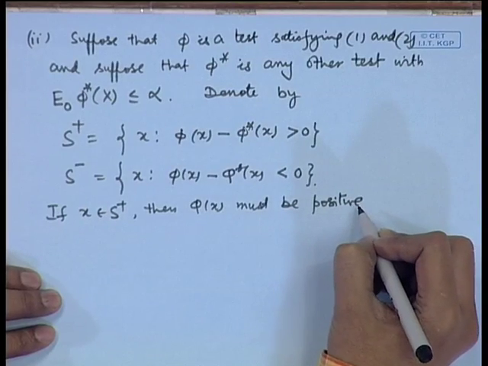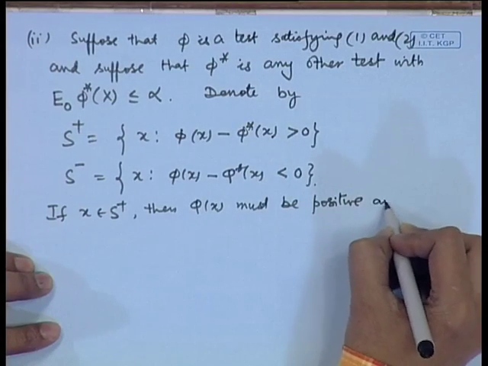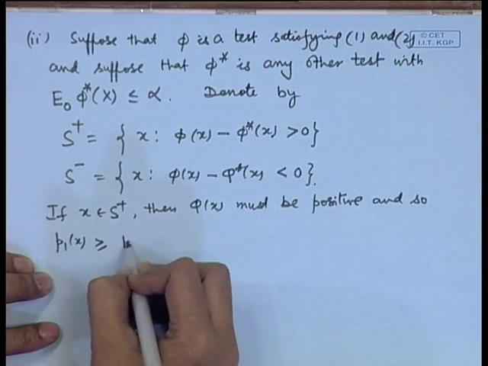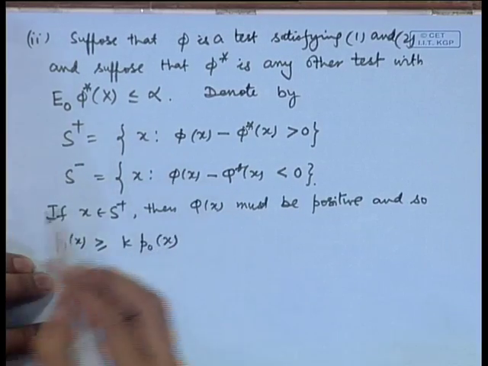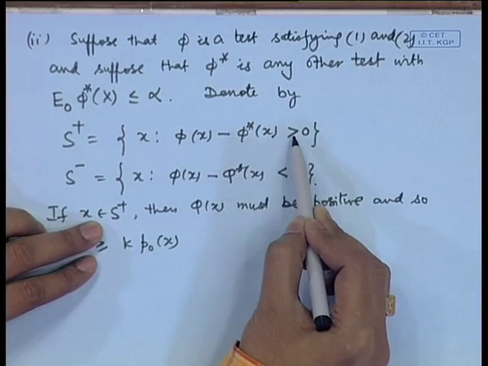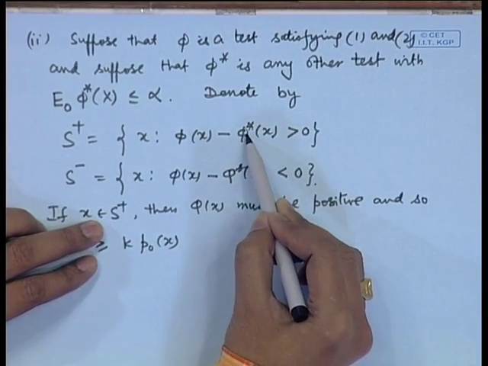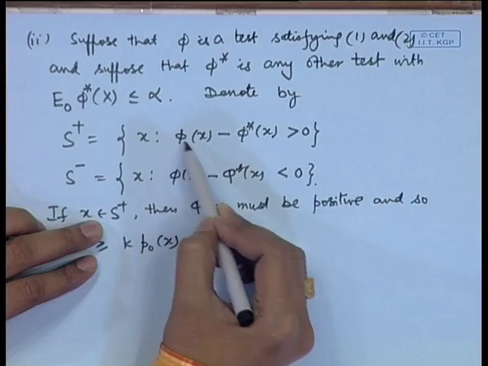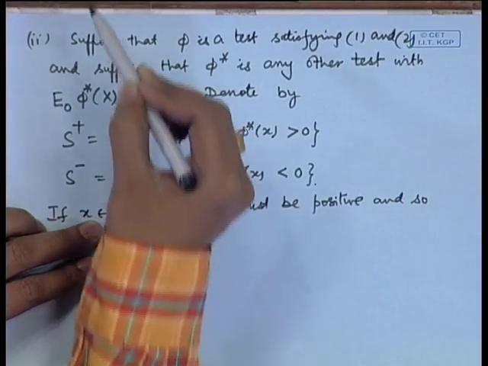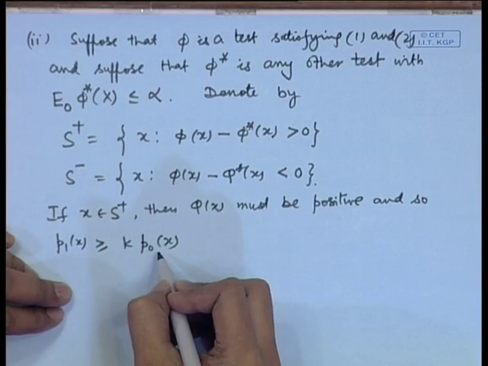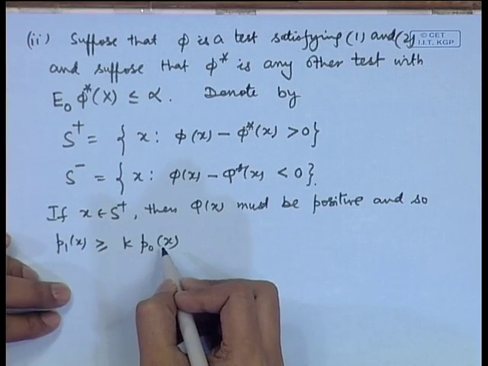So, we will have p 1 x greater than or equal to k p naught x. Let me repeat this argument. If x belongs to S plus, then phi x is strictly greater than phi star x. Now, phi star x is a non-negative function, therefore, this phi x has to be strictly greater than 0. If phi x is strictly greater than 0, then by our definition of the test function, p 1 x has to be greater than or equal to k p naught x.